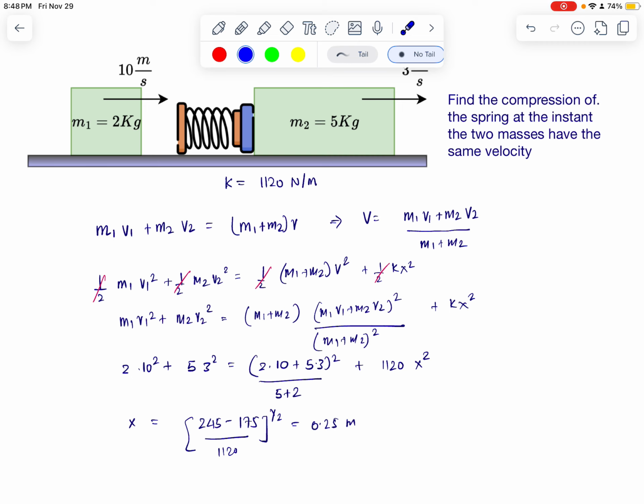We simplified it, plugged in the values and found the compression of the spring. So you can see that these problems are relatively simple to solve, provided we apply the right concepts.